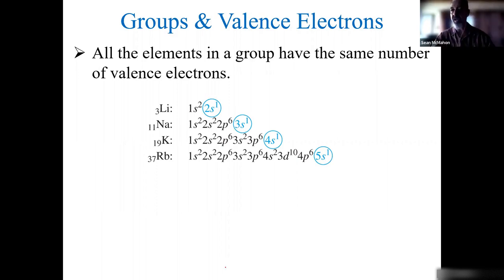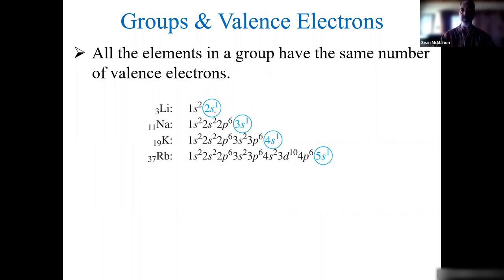Its electron configuration is 2s1. What does that mean? In the second energy level, there's one valence electron. It's in an s sublevel, and there's only one. If I go down another period to the third row, well, sodium, third energy level, it's in the s block, and there's only one 3s electron.